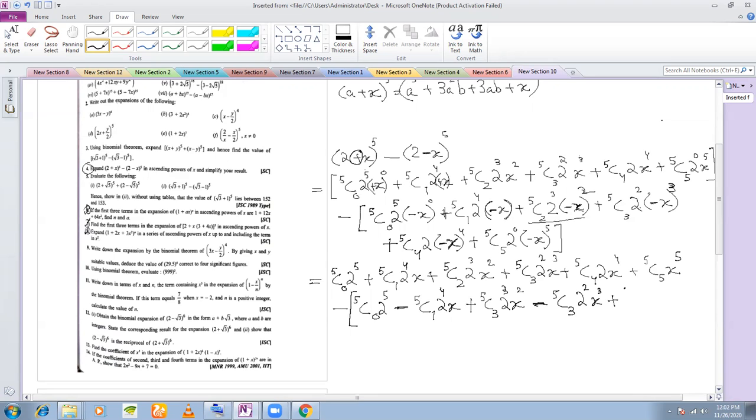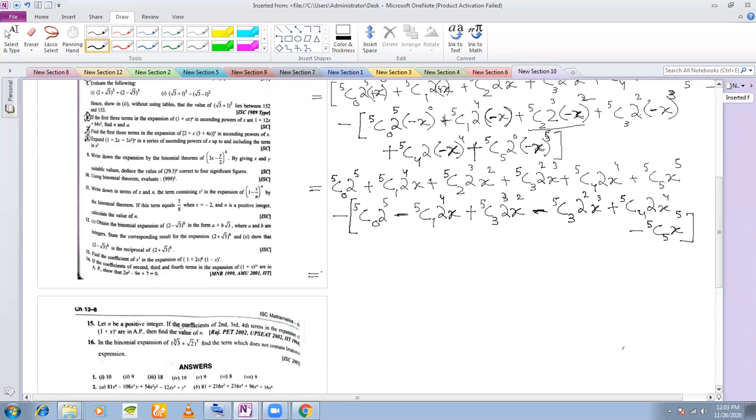So this plus sign will remain, into 2x to the power of 4, and you have a minus 5c5. You write 5c5 as it is, 2 to the power of 0 is 1, and since minus x to the power of 5 is an odd power, this plus sign becomes a minus. So that's it.